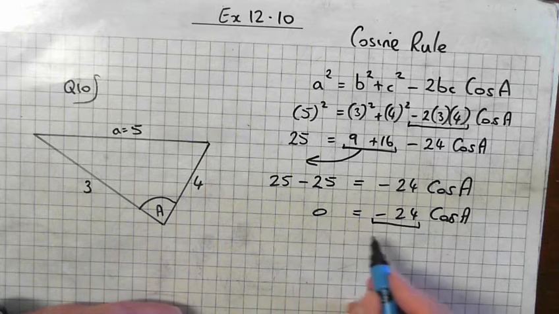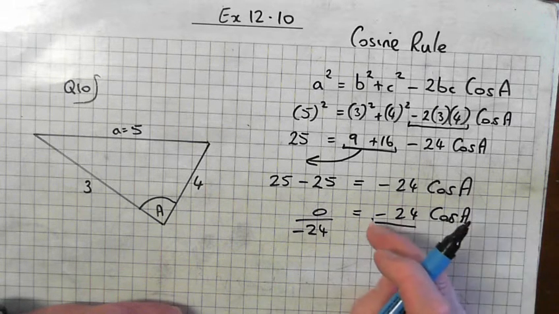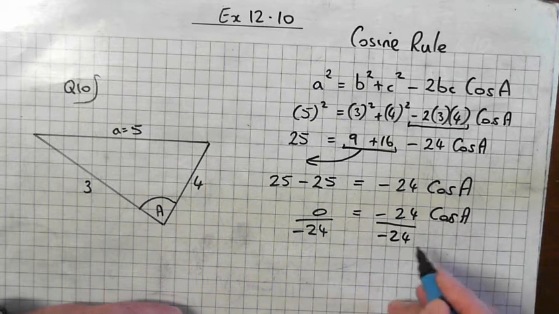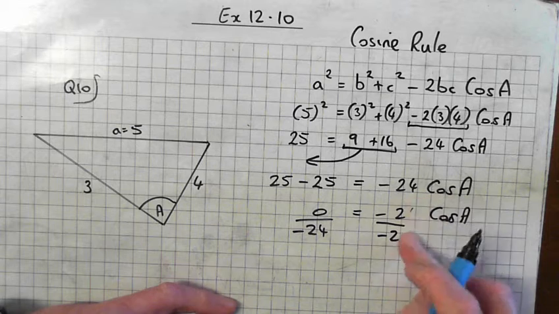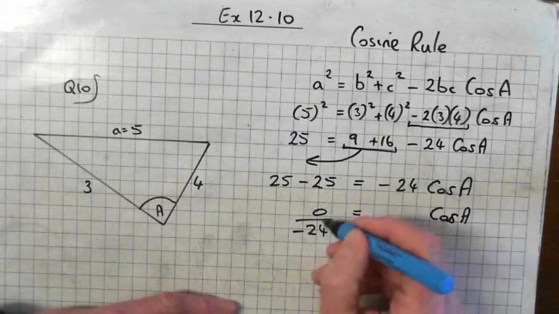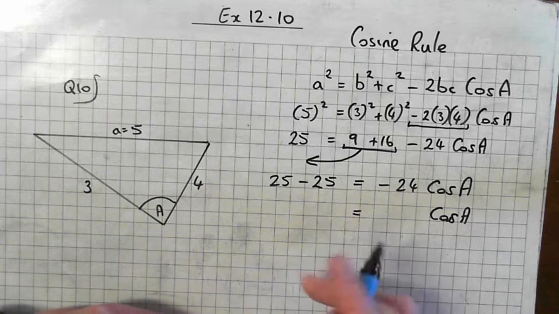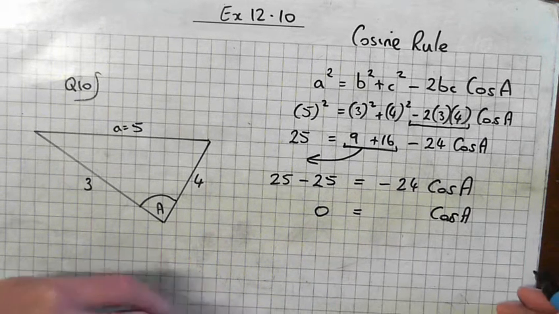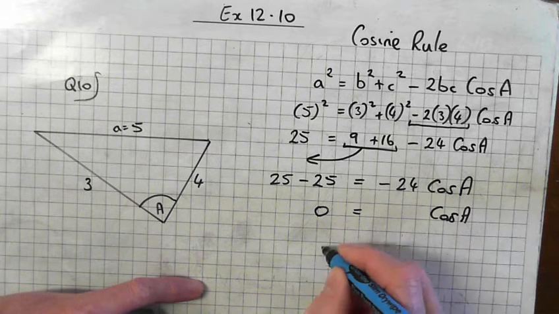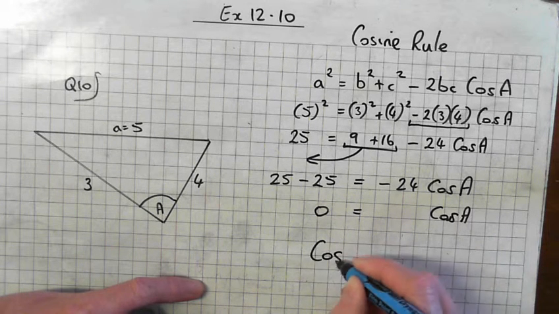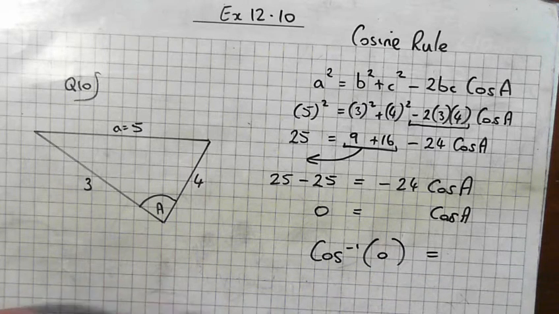So divide both sides by minus 24. 24 divided by 24 is 1. 0 divided by any number is 0. So then we'll just write down cos inverse. We have to find A. Cos inverse, put in 0, equals.